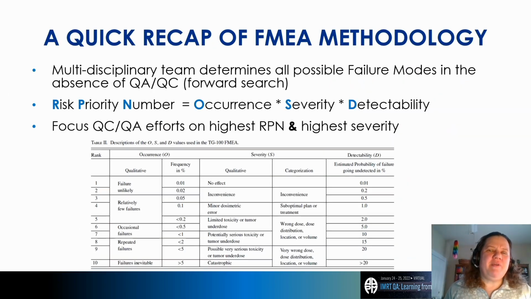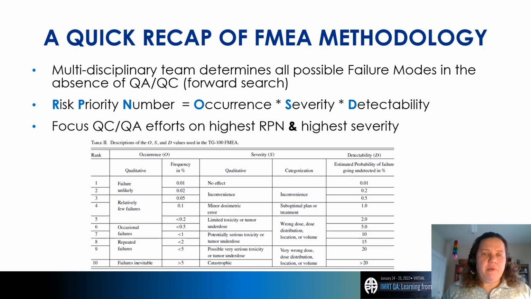So let's do a quick recap of FMEA methodology. You get a multidisciplinary team together that determines all possible failure modes in a process in the absence of any QA or QC. So it's a brainstorming forward search of failure modes. Then you assign each of these failure modes a probability of occurrence, severity, and detectability.